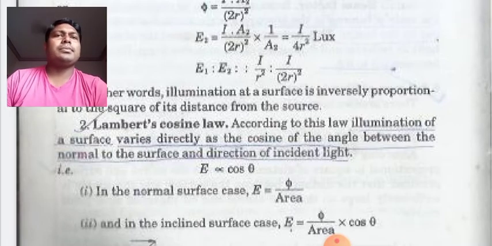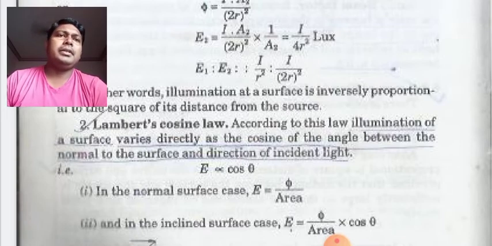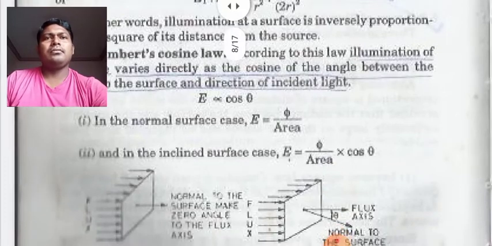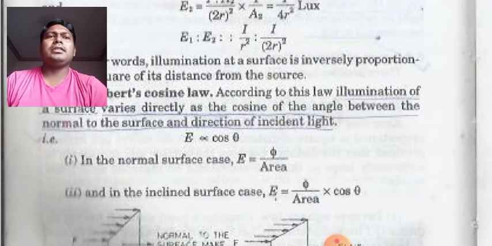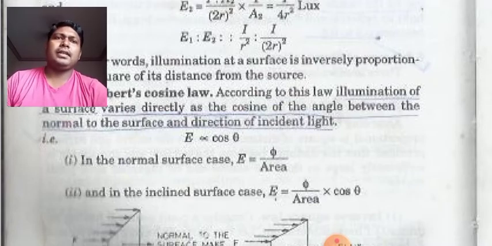Therefore E is proportional to cos theta. So in the normal surface case, E is equal to phi divided by area, and in an inclined surface, if the surface is not perpendicular or not normal, then what will happen? E is equal to phi divided by area into a factor that is known as cos theta.